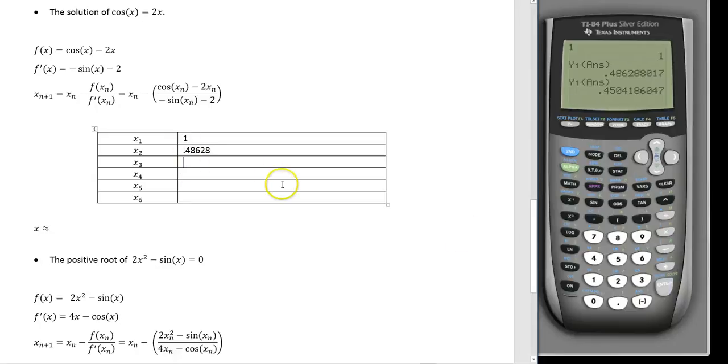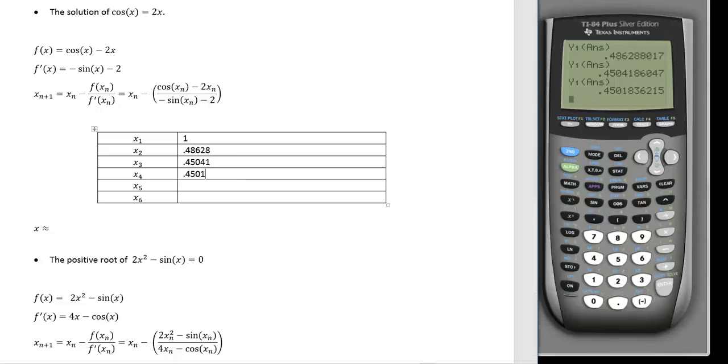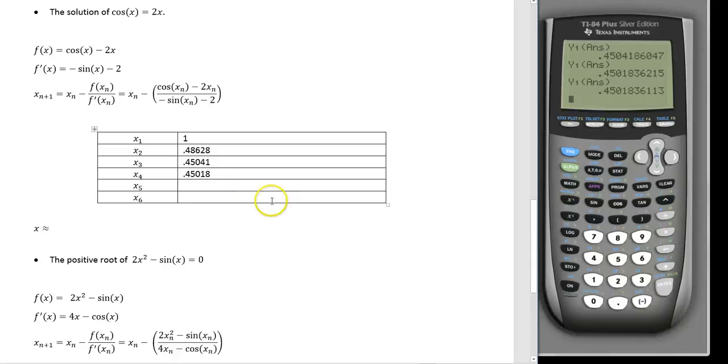Our x sub 3, 0.45041. Enter again, our x sub 4, 0.45018, and we see every time we should be getting a little bit closer. Okay, our x sub 5, 0.45018, and we have 2 iterations in a row that agree for 5 decimal places. So that is our approximation to 5 decimal places of accuracy.